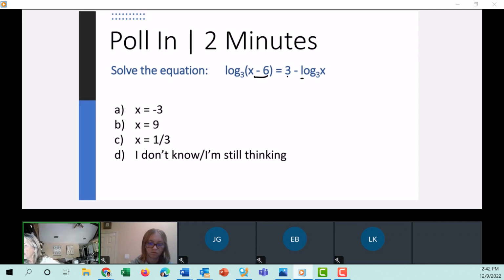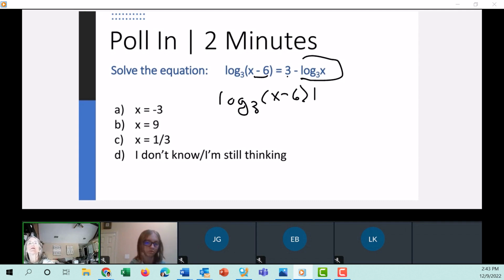All right, so we've got log base 3 of x minus 6. We're going to put these logs on the same side. So let me add log base 3 of x minus 6 plus log base 3 of x equals 3.